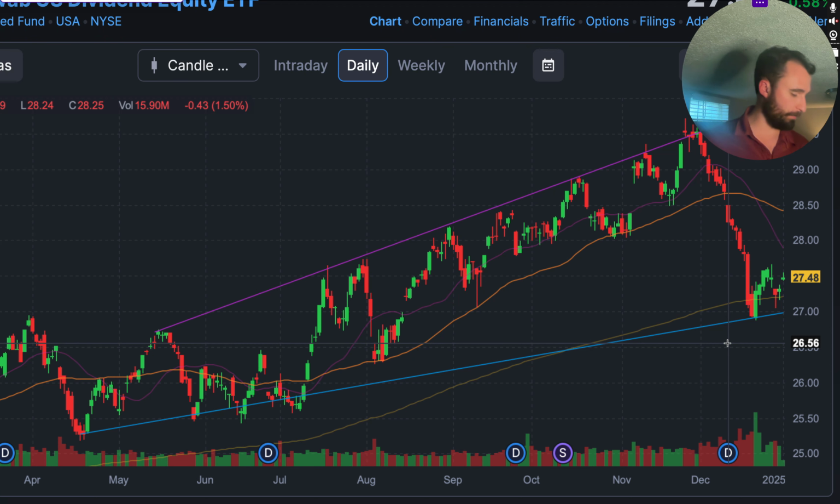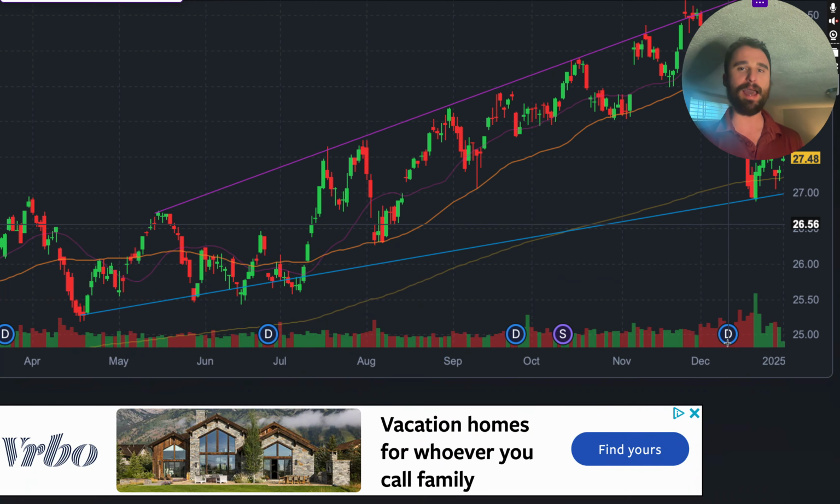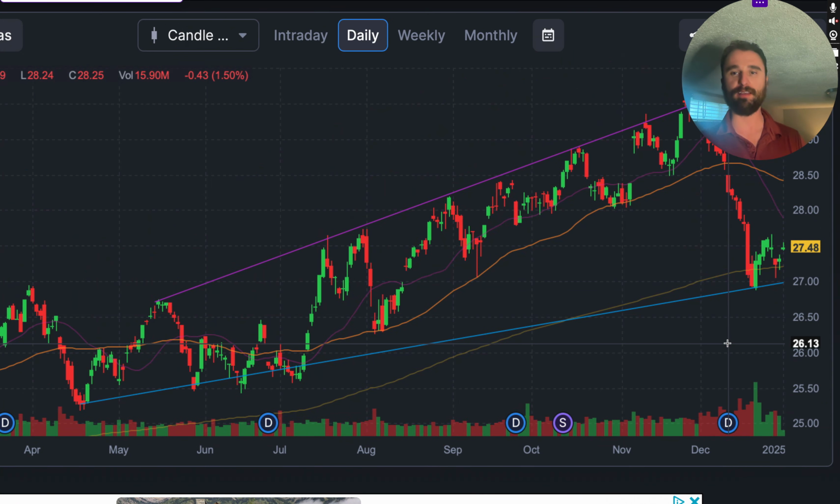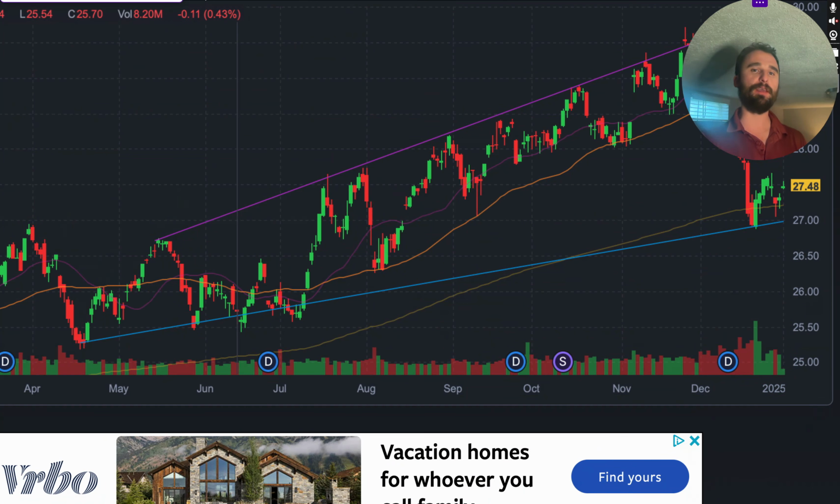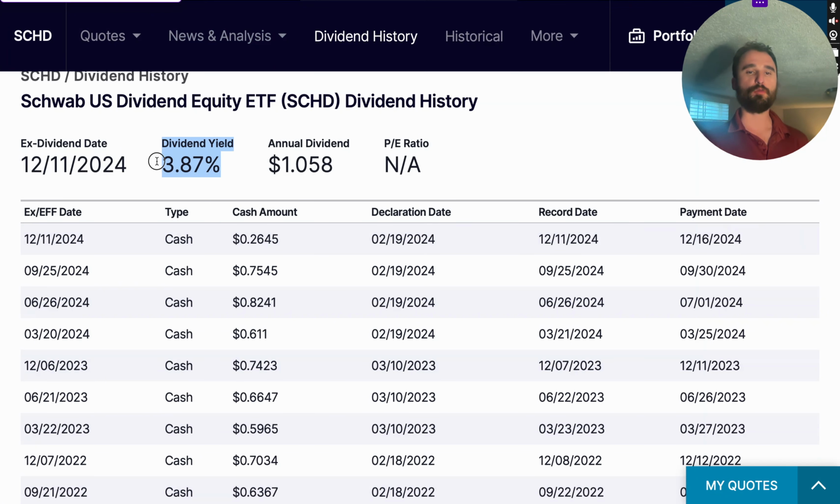So what's your risk? I think your risk is that you have some volatility, but it's not as bad as doing even SPY options because it's less volatile than the S&P 500 overall, and you have the ability to earn a higher yield at 3.87%.